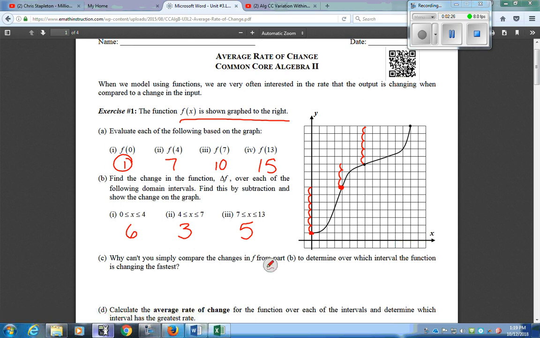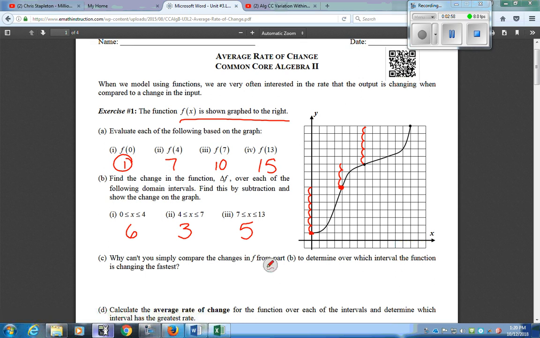For part C, it says, why can't you compare the changes in f from part B to determine over which interval the function is changing the fastest? Well, when you're talking about rate of change, it's about the steepness. So you have to divide. In part B, we just counted the spaces up. We can say which one gained more value or got higher, but we can't say which one is the steepest until we compare and divide the y's by the x's.